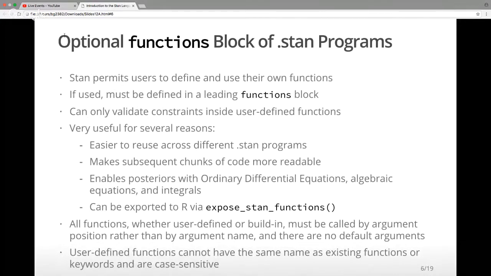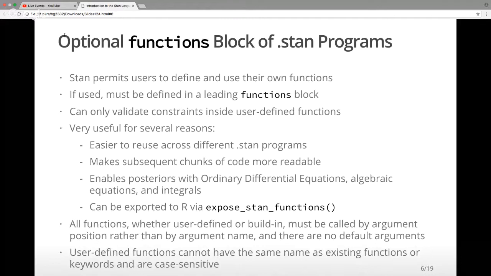Okay, so a Stan program, and by Stan program we mean the file on the disk that has a .stan extension, where you've written out all this stuff, consists of a series of blocks. Thus far, at least officially, we've only dealt with the functions block, although some people have been looking ahead.